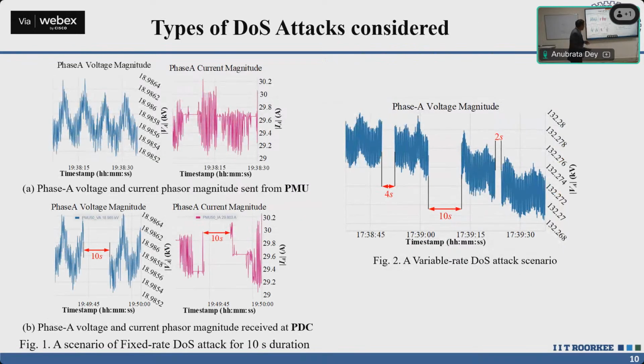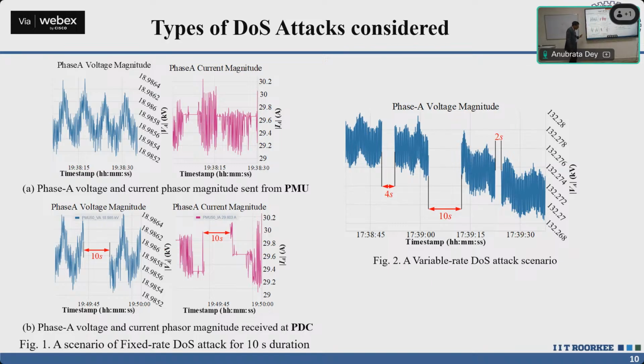Now, what are the types of DOS attack we have considered there? Here I have shown the voltages and currents. This is the current magnitude and this is the voltage magnitude at the PMU. Below this, again, the same voltage magnitude and current magnitude that is received at the PDC.